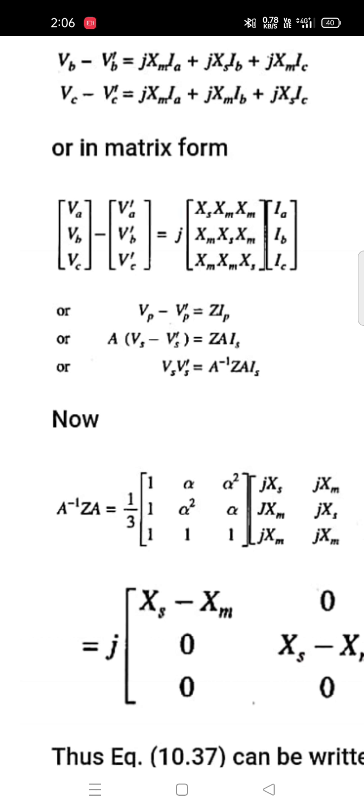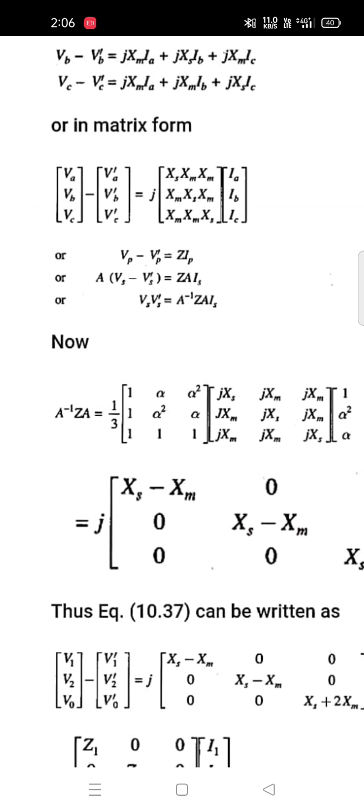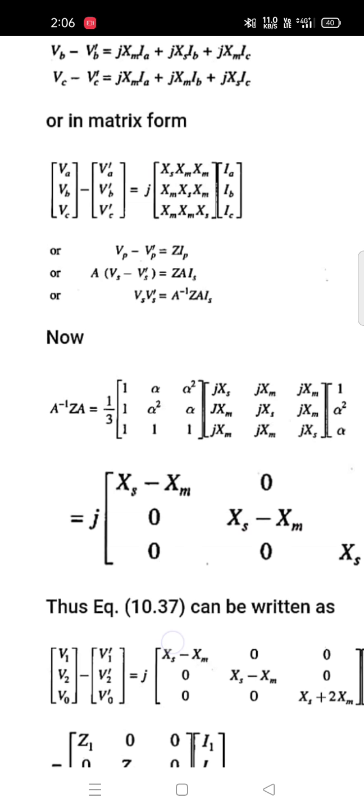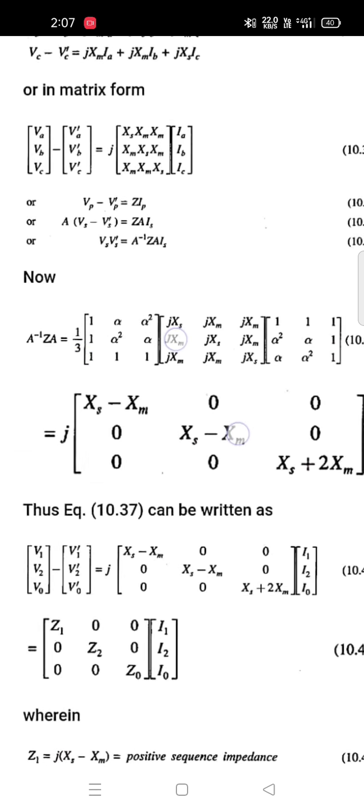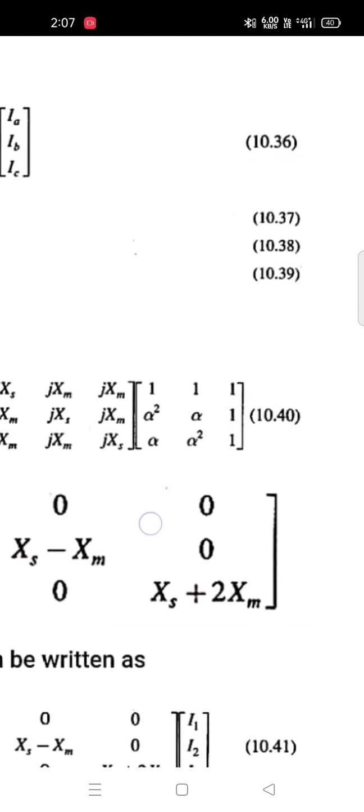Now for A inverse Z A, the value of A inverse is 1 upon 3 into the matrix 1 1 1, 1 alpha square alpha, and 1 alpha alpha square, and then the multiplication of the Z matrix and lastly the A matrix.